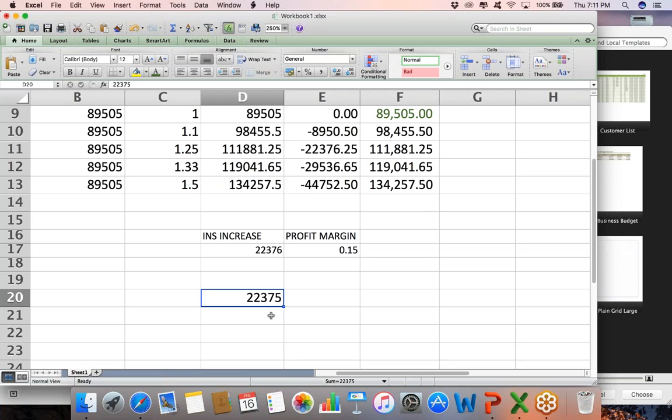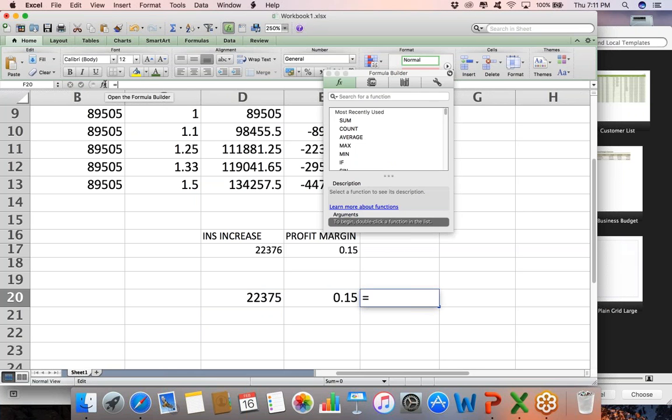by 15. We're going to take that and divide it by 15. All right, so I'm actually going to multiply. It's going to be easier.